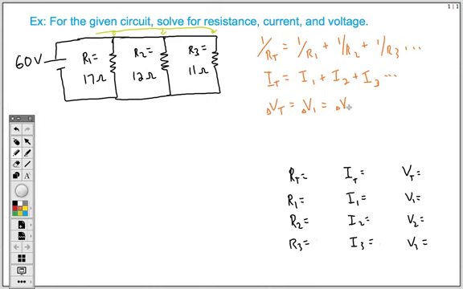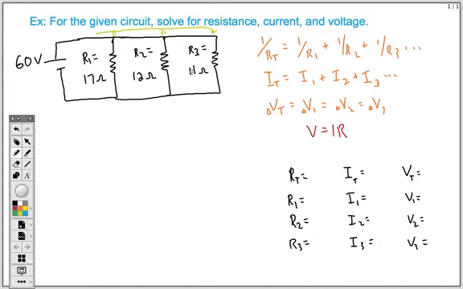So V1 is equal to V2 is equal to V3. Okay, so whatever our total voltage is, which comes from the battery itself, or whatever our power source is, the same throughout. Now we're going to use these three rules in conjunction with Ohm's law, which you should be familiar with. V equals IR. Okay?